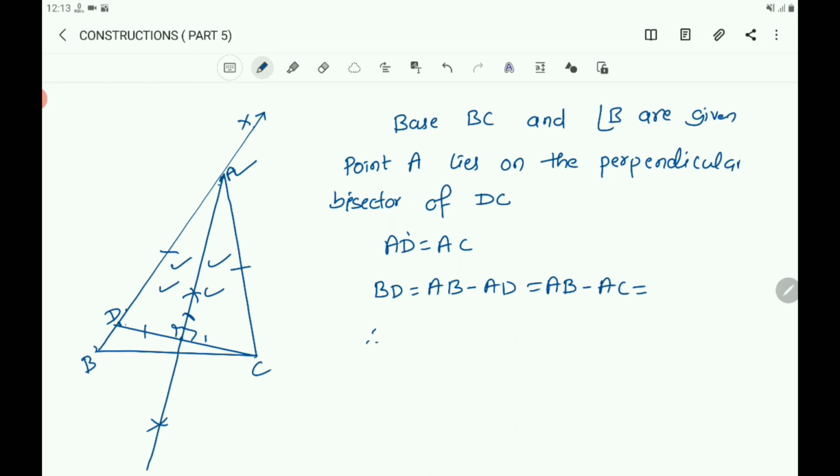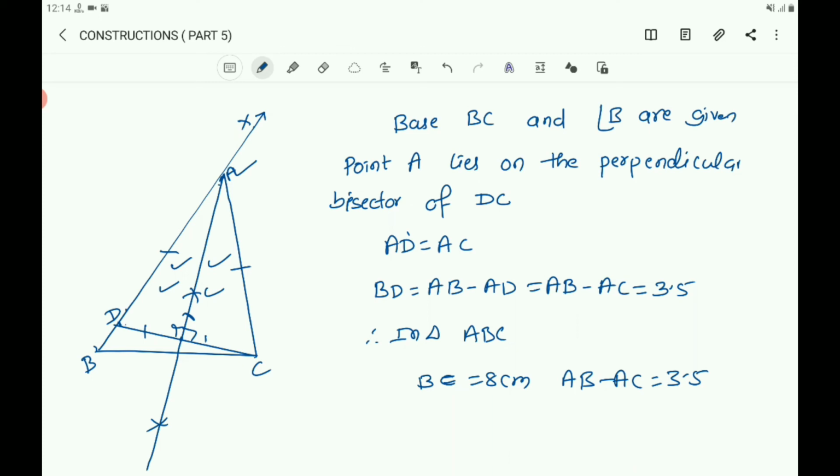Therefore, what is the length of BD we have taken? That is 3.5. So you got that. Here in triangle ABC you got BC equals 8 centimeter and AB minus AC equals 3.5 centimeter, and AB is greater than AC.